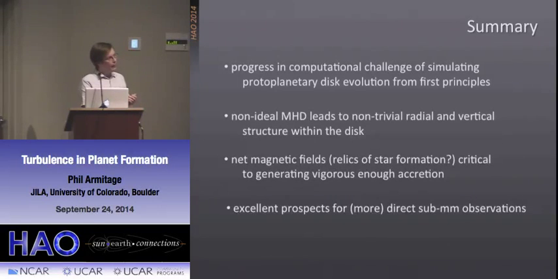Having the vertical stratification, which sets a physical scale based on the sound speed, turns out to be very important. There is a very strong difference in the convergence properties of the stratified and unstratified calculations.